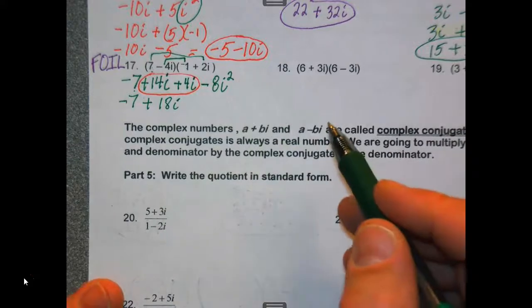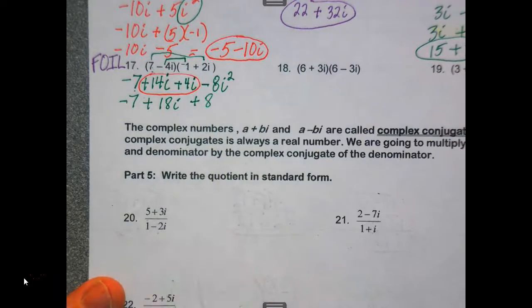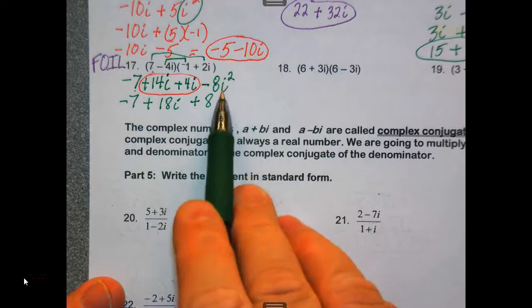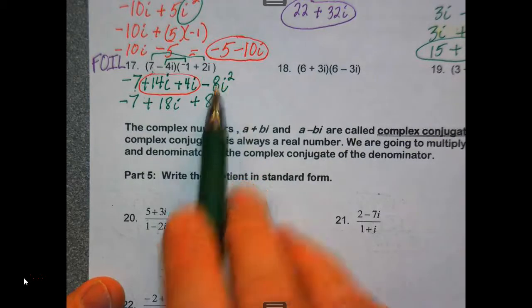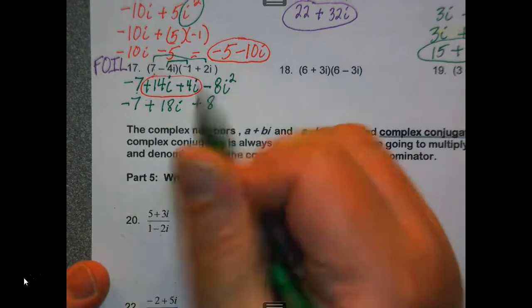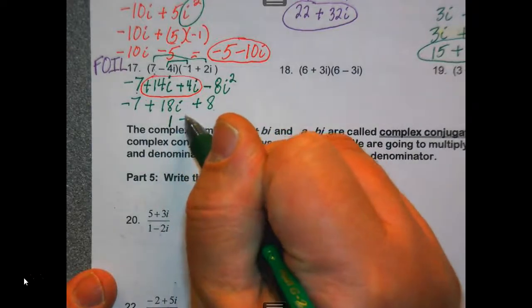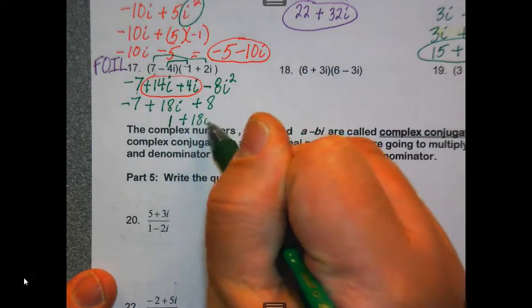Yeah, so it just becomes positive 8, right? Negative 1 is my i squared times negative 8, positive 8. Combine your rational numbers, negative 7 and positive 8 gives me a positive 1. And I have 18i left over.